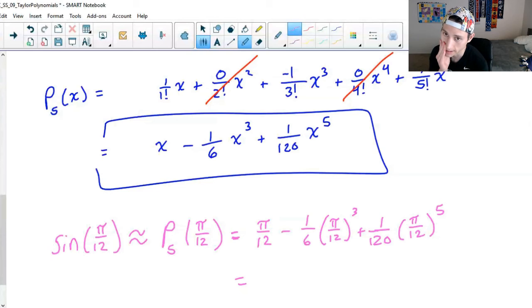And we could type that in our calculator, and the answer is whatever. But the point is, whatever we're trying to approximate, we just plug it into our polynomial.